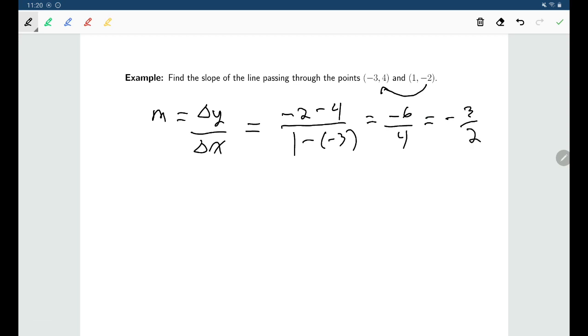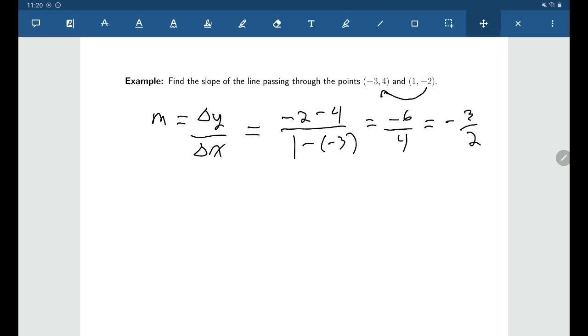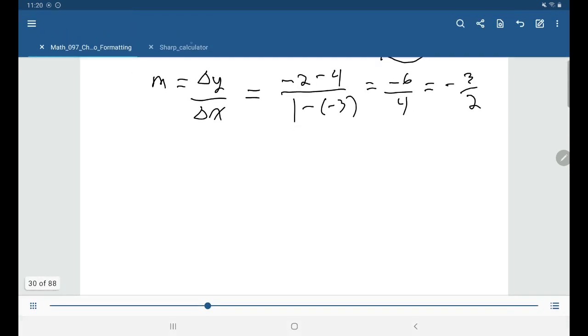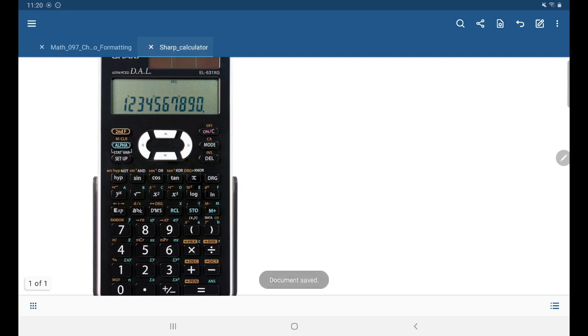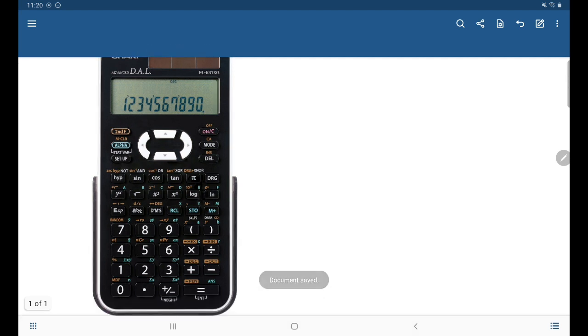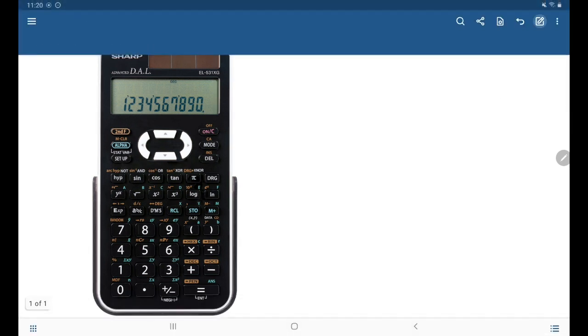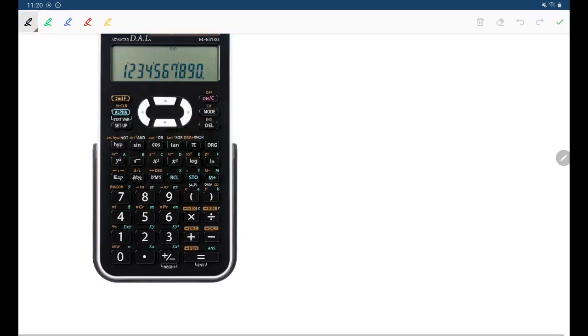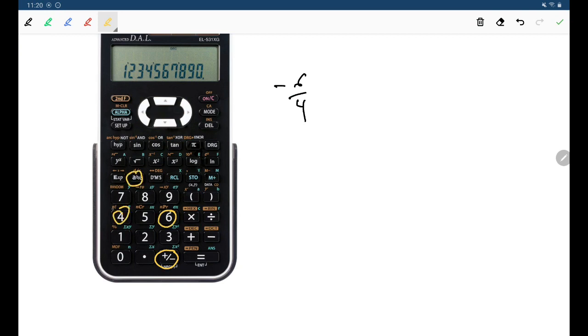Just as a little side note here, if we wanted to talk just for a brief moment about our calculator, I keep going back to our calculator's fraction function, but it's a good skill to have, to be able to use your own technology tools to help you. If you were to enter in, for example, -6/4 into your calculator, how I would enter that would be -6 fraction 4.